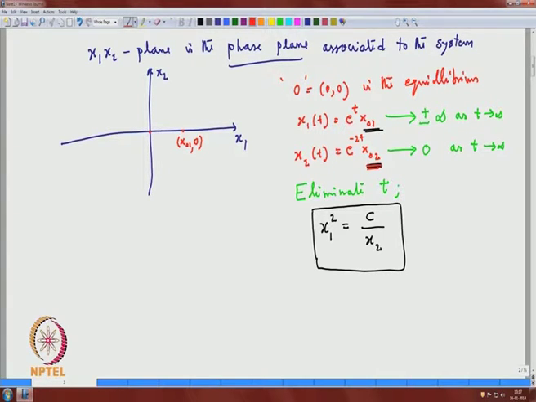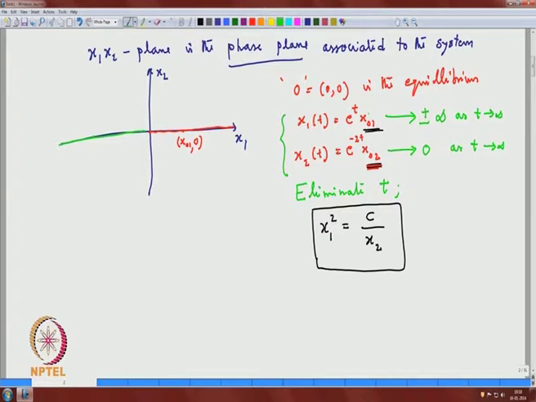So, the trajectory will be here. This will be a trajectory basically. On the other hand, if you start at a point here, this is also a trajectory. The only important thing you have to see is the direction of the motion, and the direction will prescribe whether it will go to plus or minus.